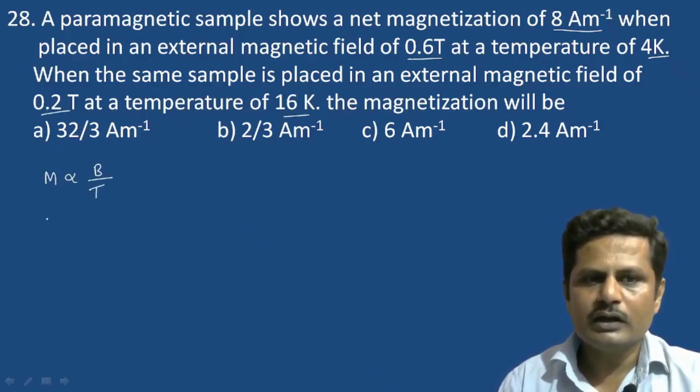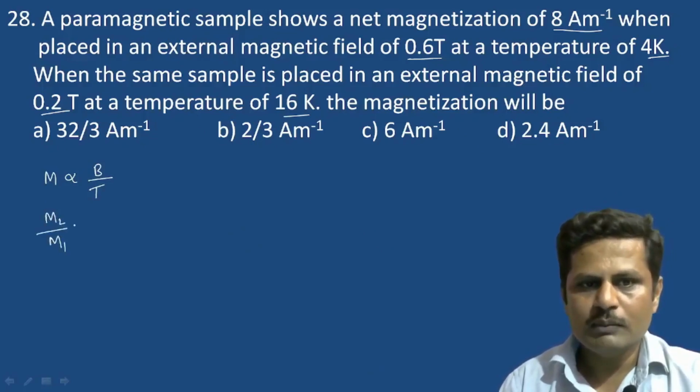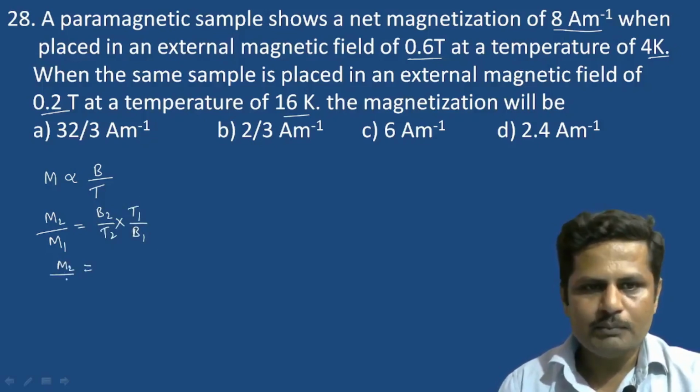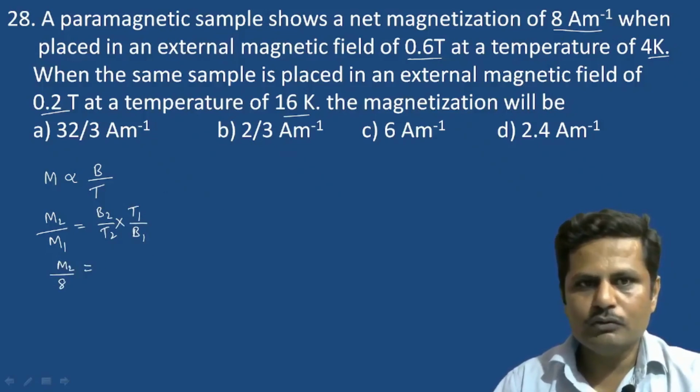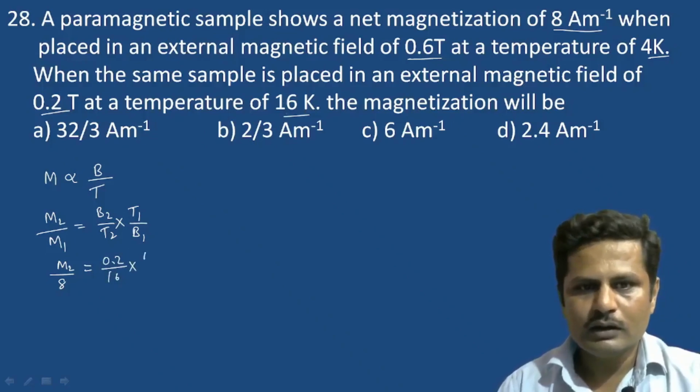So by this equation we can write M2 by M1, since here we have two cases. M2 can be written as B2 by T2, and M1 as B1 by T1, so M2 by M1 equals B2 by T2 into T1 by B1. On substituting the values, M1 is 8 ampere per meter, B2 is 0.2 Tesla divided by T2, which is 16 Kelvin, into T1, which is 4 Kelvin, divided by B1, which is 0.6.